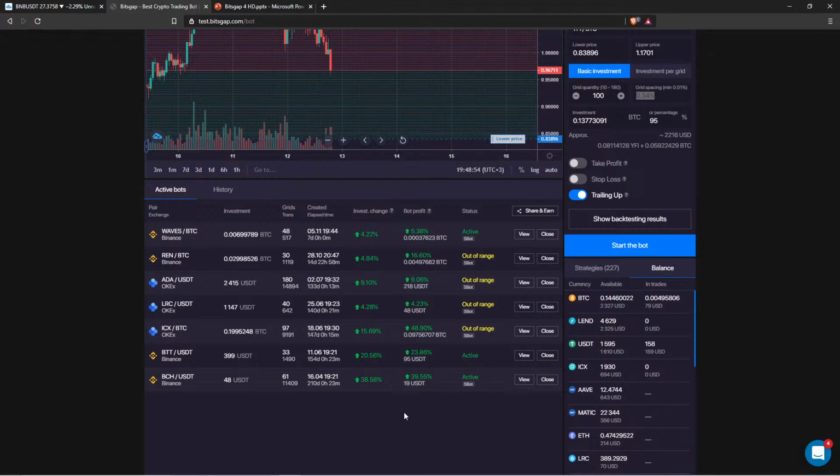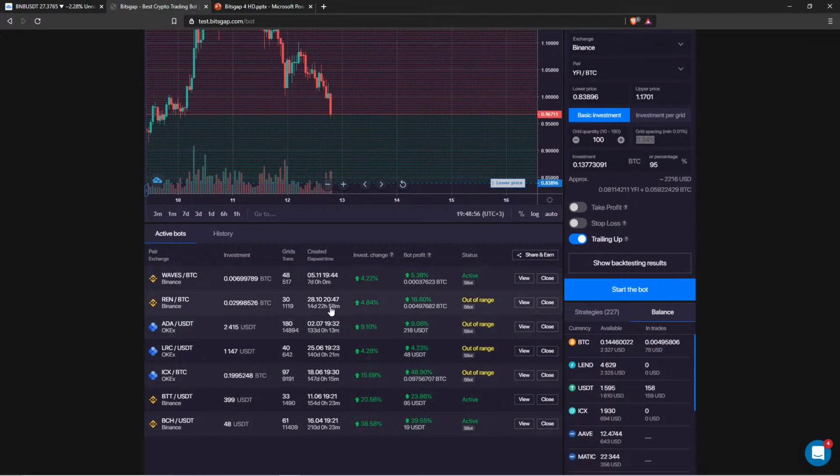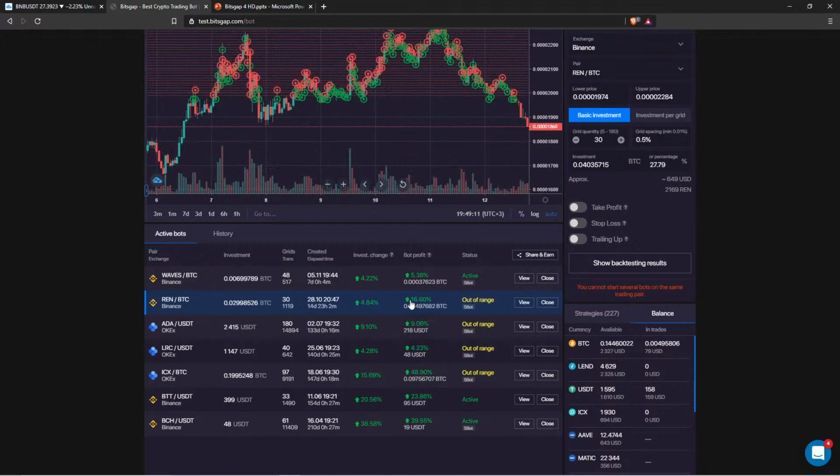All right, so notice that I have some open trades here, 14 days period. I've launched it 14 days ago, 7 days ago, and they are generating profits. Within the period of 14 days on RAN trading to Bitcoin, the bot has managed to generate 16%. And that's the profit which goes directly to my balance.